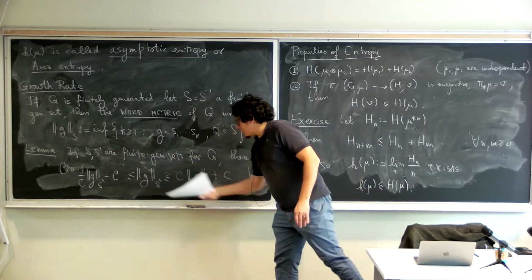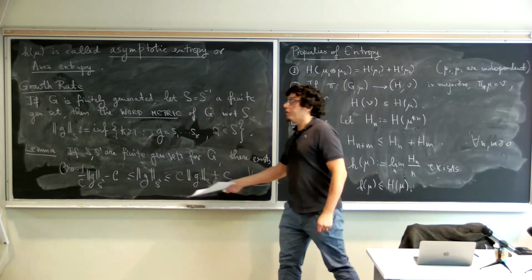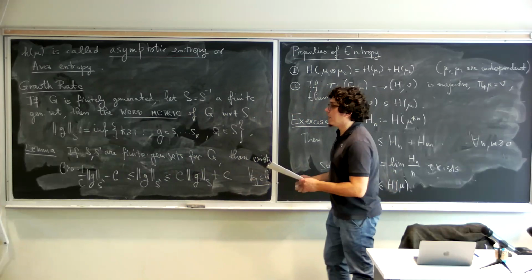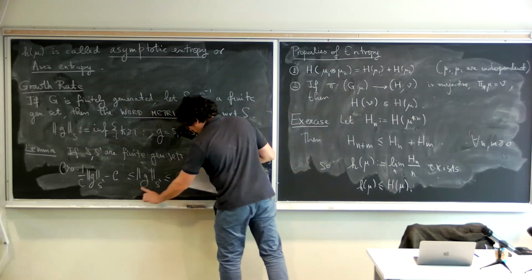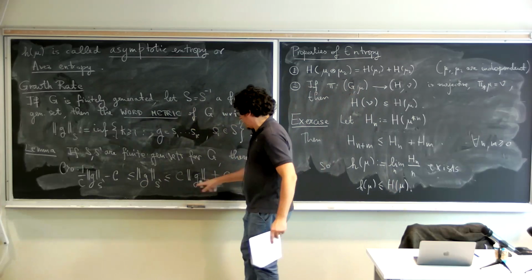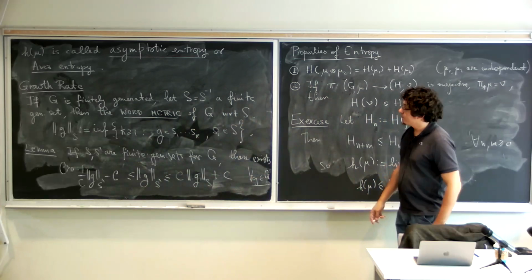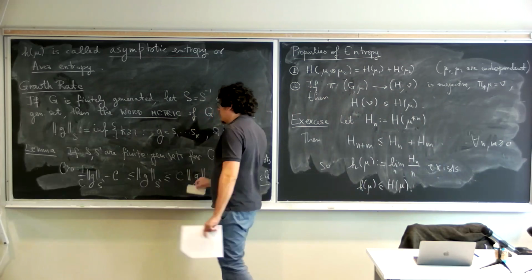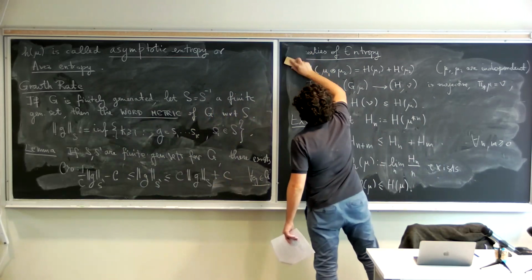So the norms of g with respect to the two different generating sets are not the same, but they're bounded by a multiplicative and an additive constant. It depends on the problem. For some problems this is not good enough, but for other problems it is.